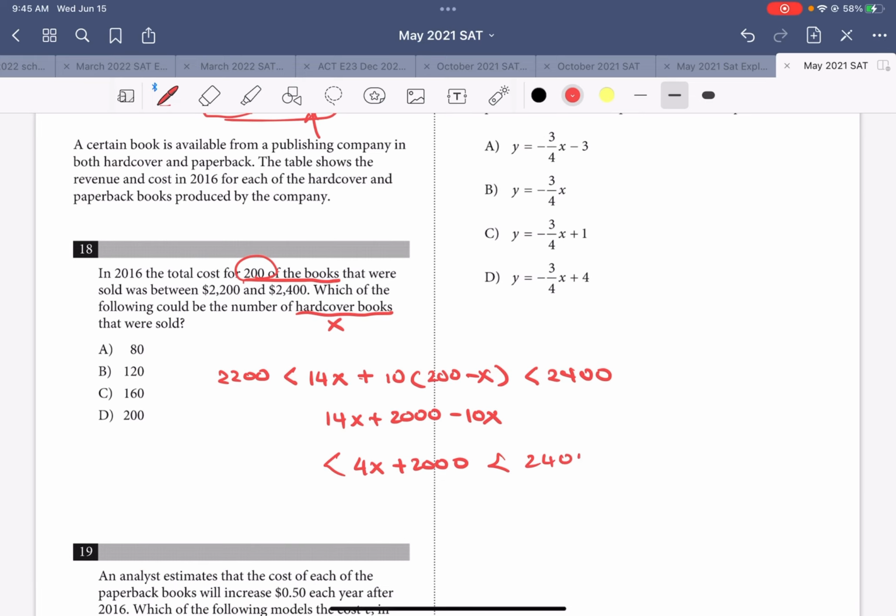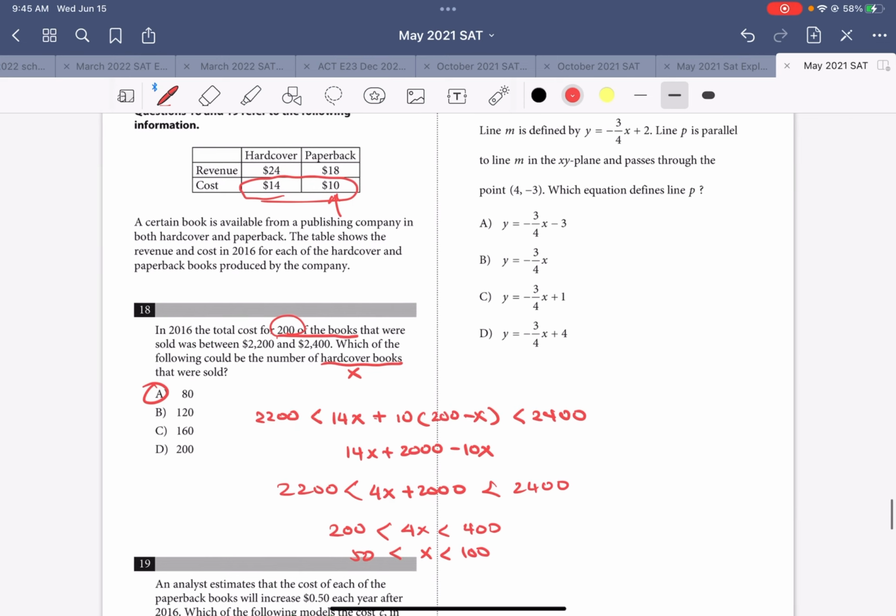When you subtract 2000 from both sides, this is 400 and 200. Then when you divide by 4, this one is 100 and this one 50. So which answer choice belongs between 50 and 100? So answer A. Okay. You can solve for X.